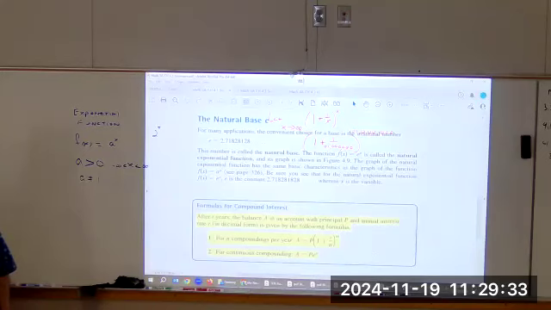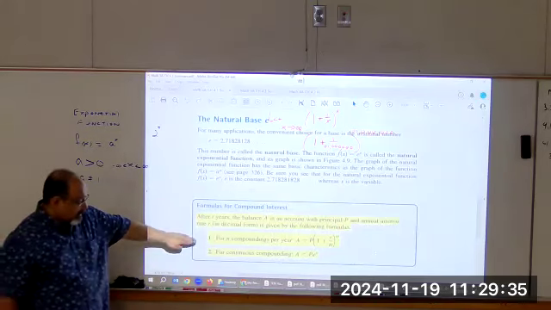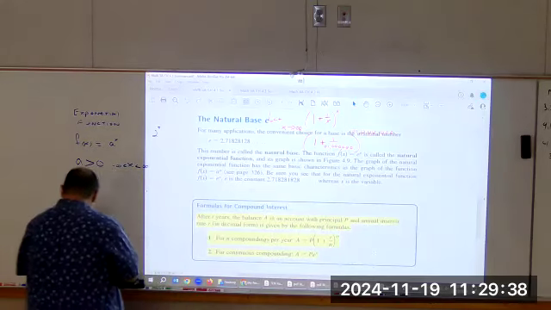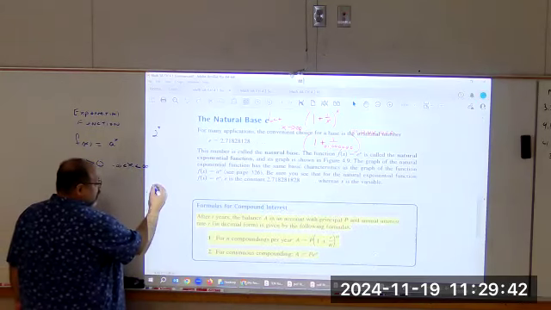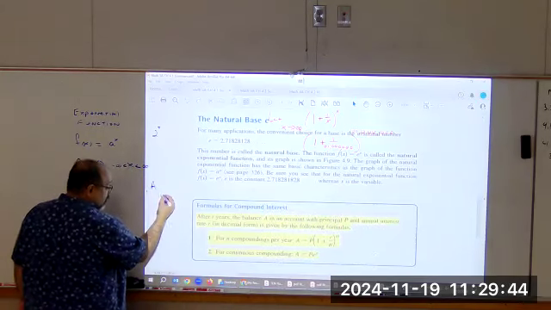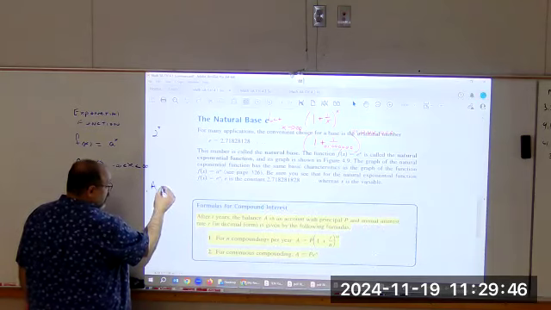When you compound interest, interest is accrued whether you're paying it or earning it using this formula. The amount that it's worth, or amount that it's made, or the amount that you pay, whatever.